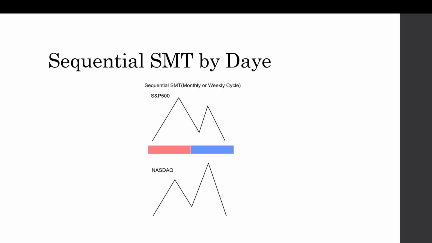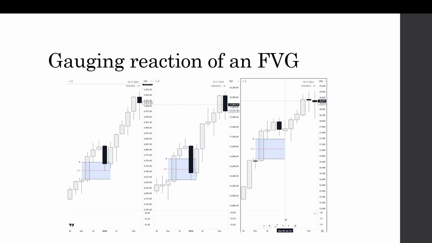The next thing that we will be looking at is gauging the reaction of a fair value gap. If you look closely, this is the weekly time frame, and in the S&P 500 you can see that we trade into the fair value gap and then close above the 50% of that fair value gap, whereas in this asset we traded into it and closed below the 50%.